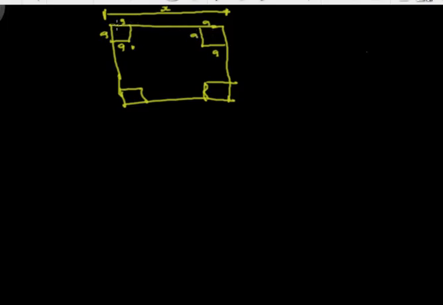So what is the length from here to here? So it's x minus 9 minus 9, we have removed 9 and 9.